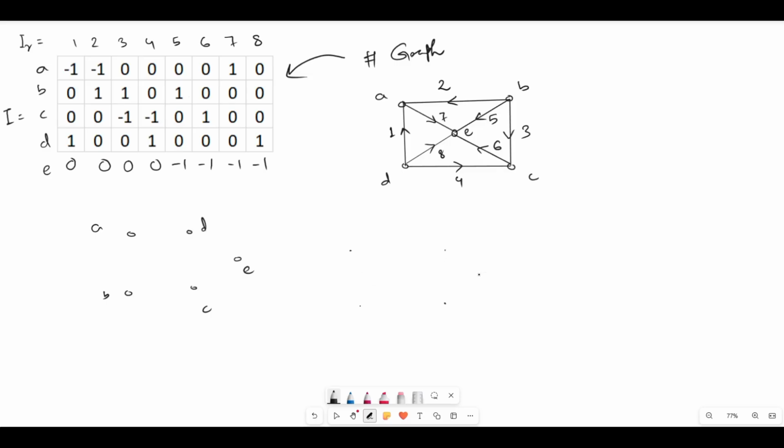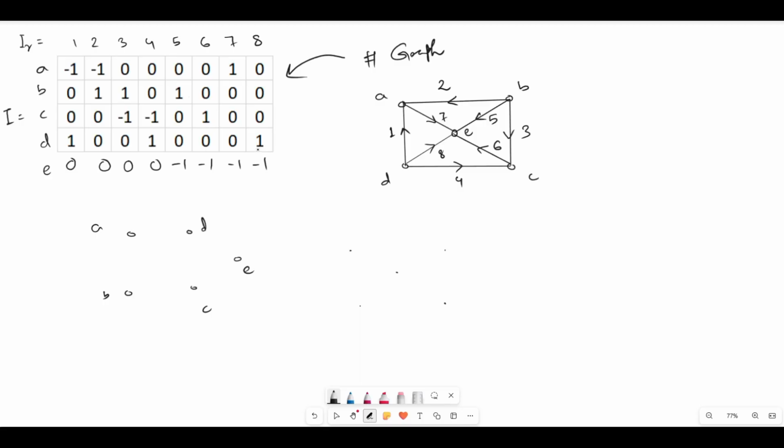Depending on the number of nodes, we put that number of points, and then accordingly we join the branches, which finally gives us the output graph. I hope you have understood how to determine the graph from a reduced incidence matrix or an incidence matrix.